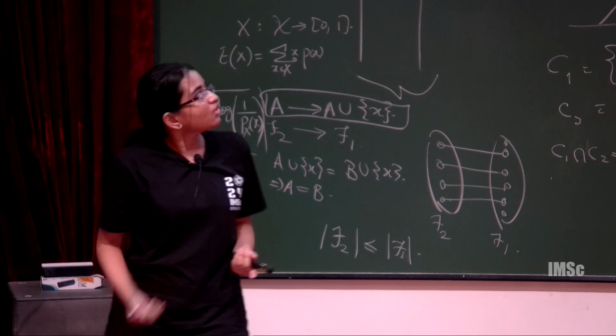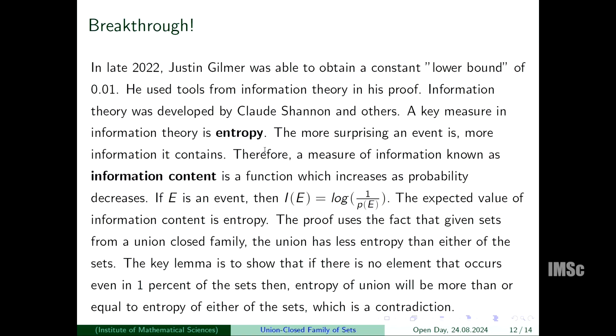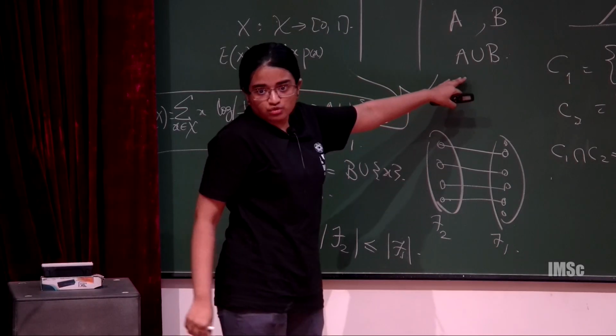But what does this all have to do with what we're talking about? We were talking about union closed families of sets, and suddenly we're talking about entropy. Well, the point is, and this is going to be very vague, not at all rigorous, that when you have a union closed family of sets and you have two sets, A and B, you expect the union A union B to be in there.